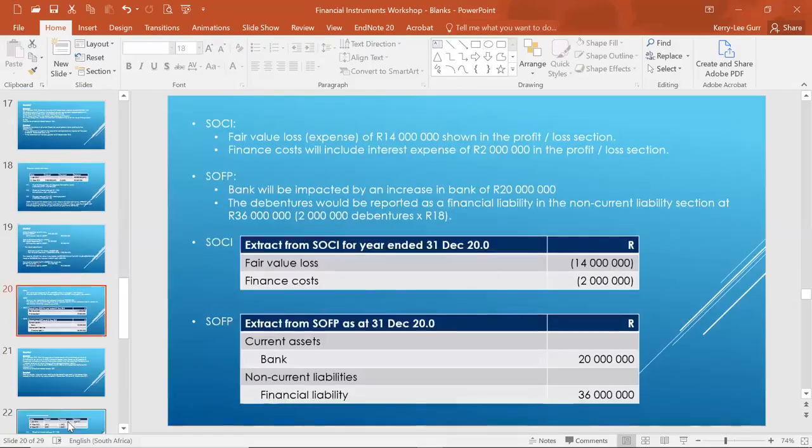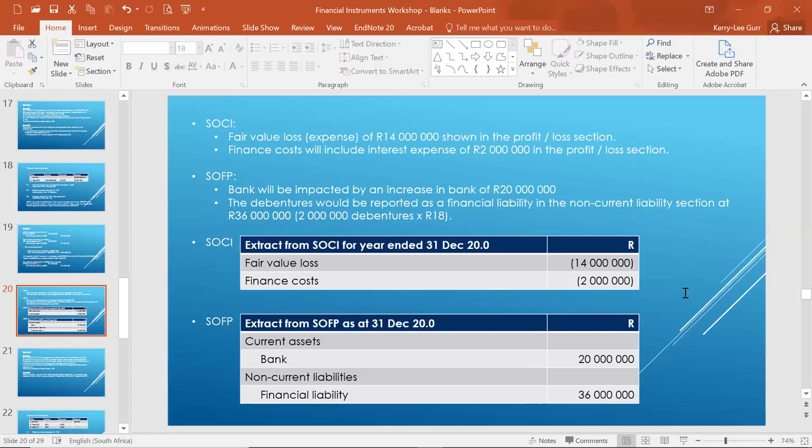When we move through to our actual disclosure, this is what we should expect to see. In our statement of profit or loss and other comprehensive income, we expect a fair value loss of 14 million, as well as the finance cost, the interest expense of 2 million.